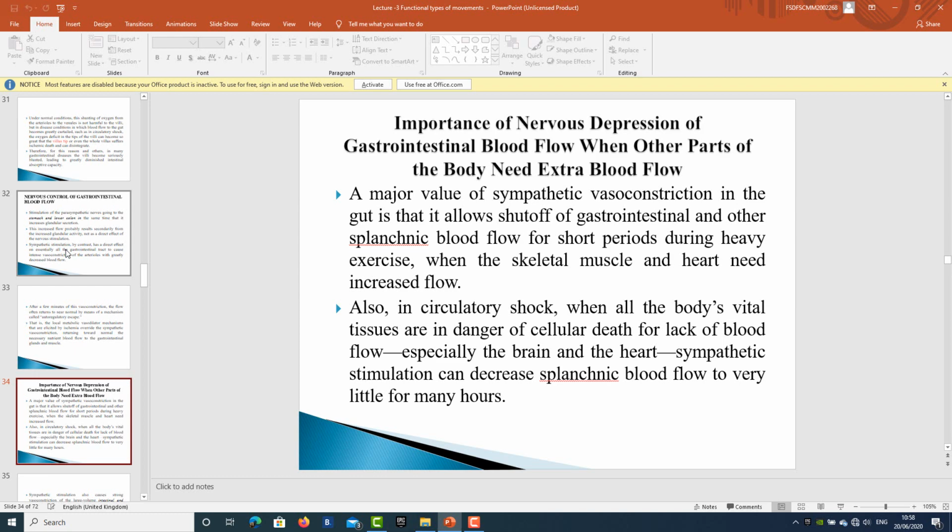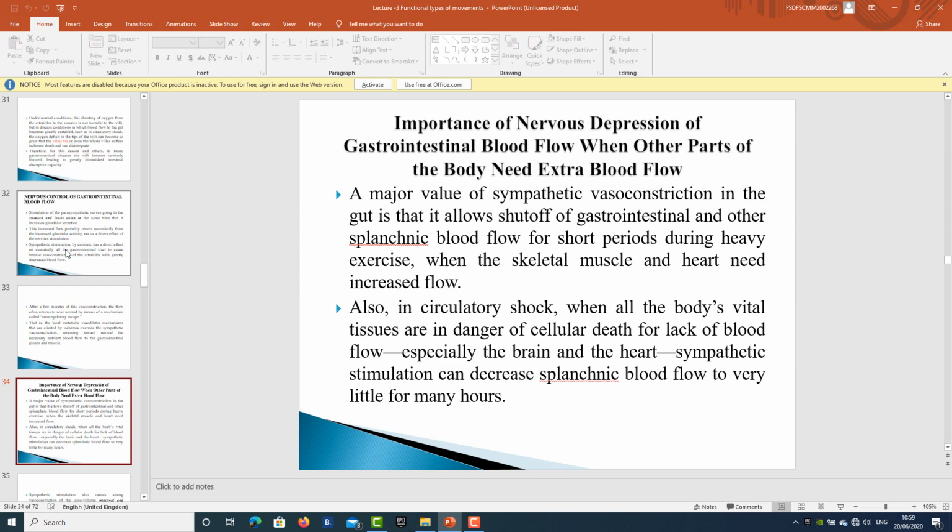Importance of nervous depression of gastrointestinal blood flow when other parts of the body need extra blood flow. A major value of sympathetic vasoconstriction in the gut is that it allows shut-off of the gastrointestinal and other splanchnic blood flow for short periods during heavy exercise, when the skeletal muscle and heart need increased flow.